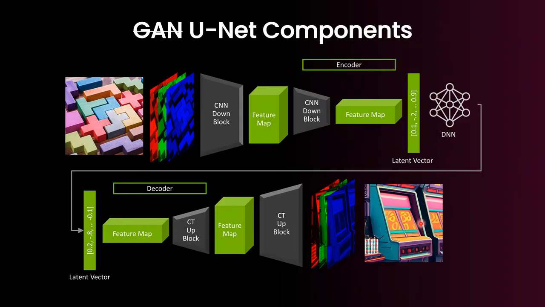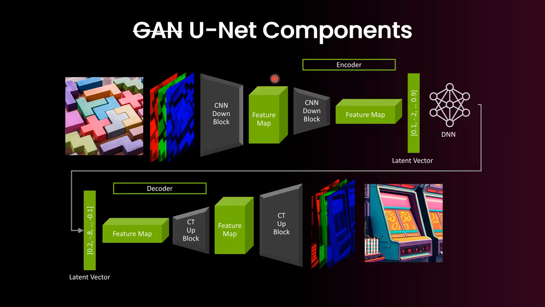Then it upsamples it to a new image, with a segmentation map. The two components are called an encoder and a decoder. The encoder downsamples the image, and the decoder upsamples the vector to a new image, or the result.